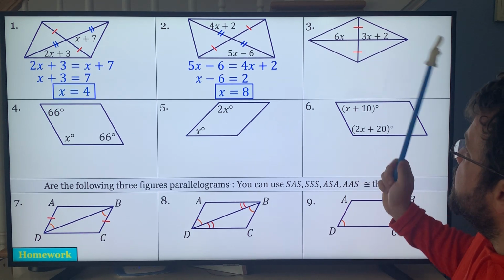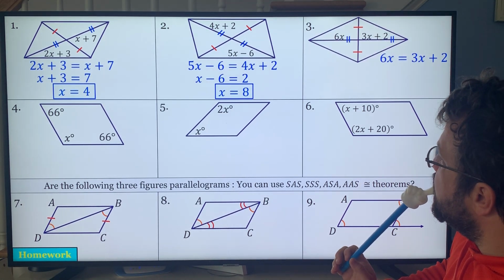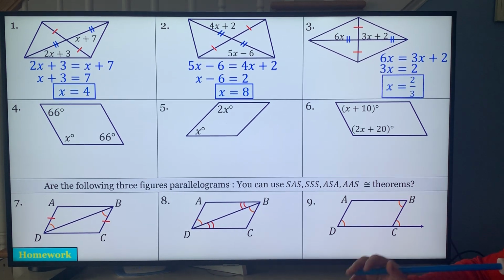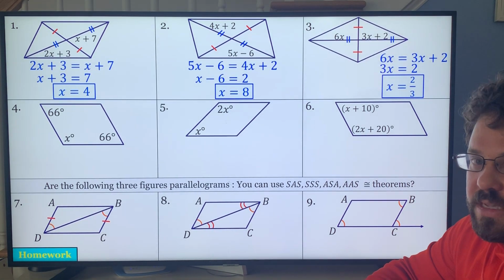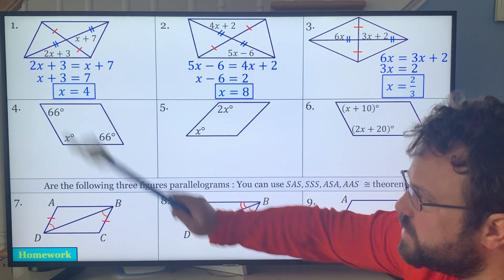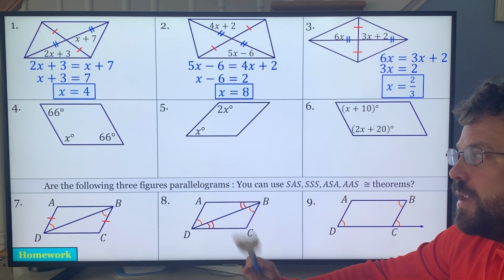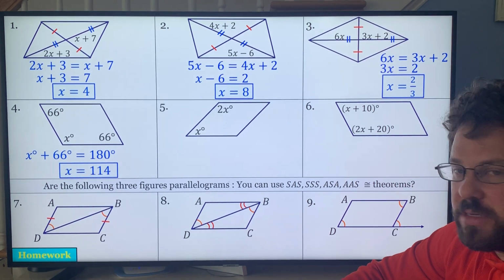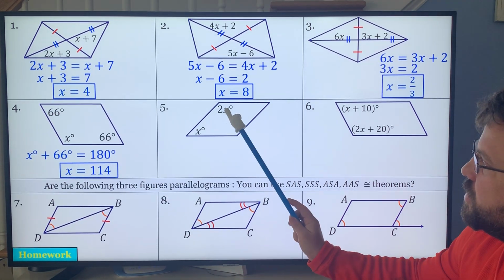Problem 3. This one's a little bit better to see. Those two have to be bisected. 3x equals 2 and x equals 2/3 or 0.67. All right, what's x equal here? That's 66. It equals 180 minus 66. 180 minus 66 is 114 because they're supplementary.